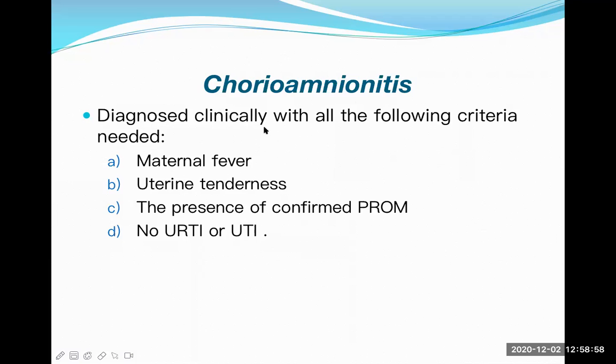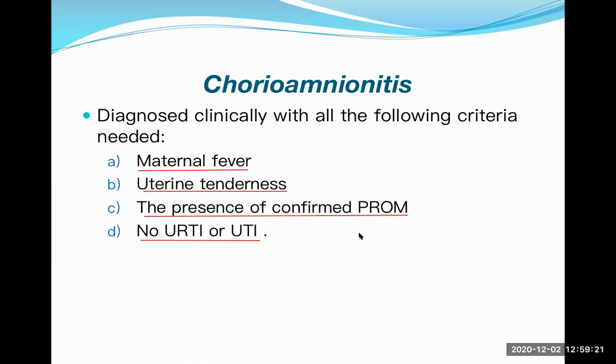So it is diagnosed clinically with all the following criteria needed. So let us underline this. One is maternal fever. Another is uterine tenderness. Third, presence of confirmed PROM. And fourth, there is no URTI or UTI present in the mother. What does that mean?